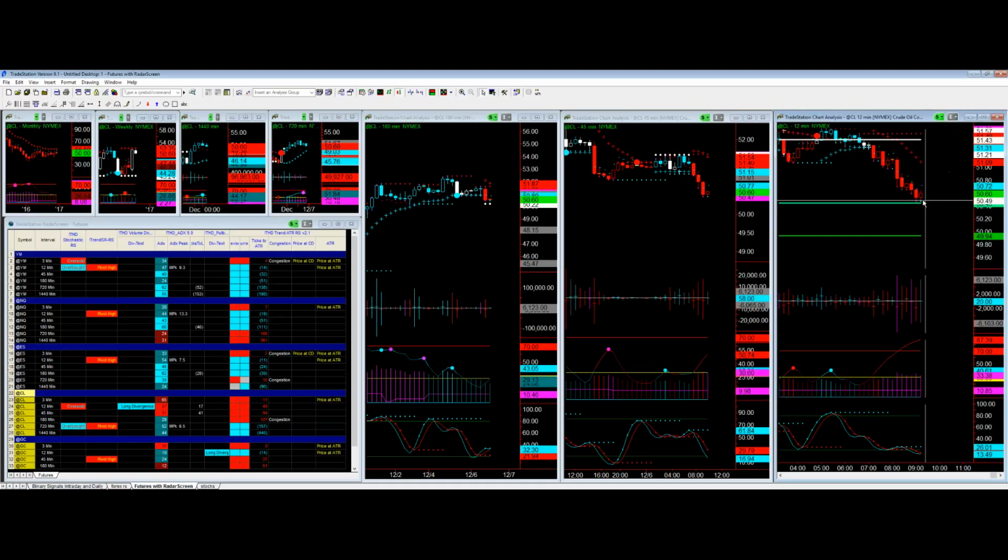I would really like to see this bar close above the high of this bar, which is 67. Okay, which coincides with my 69 strike over on crude. Remember I said I want it to close above the 50.69?